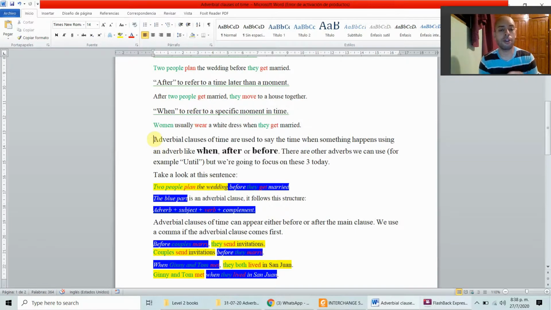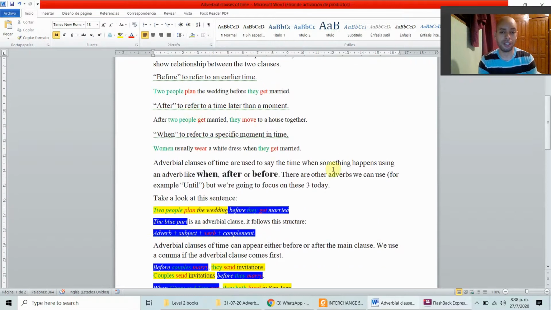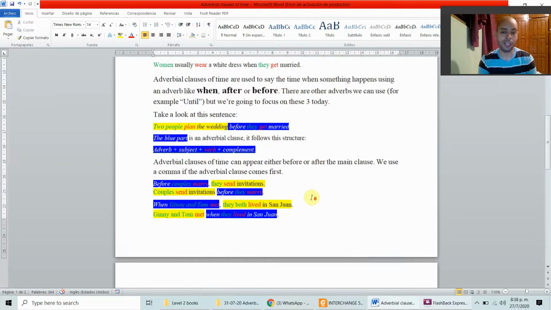So adverbial clauses of time are used to say the time when something happened using an adverb like when, after, and before, like we saw here in these examples. And there are other adverbs we can use. For example, we can also use until. But we're going to focus only on when, after, and before for today. So take a look at this sentence.